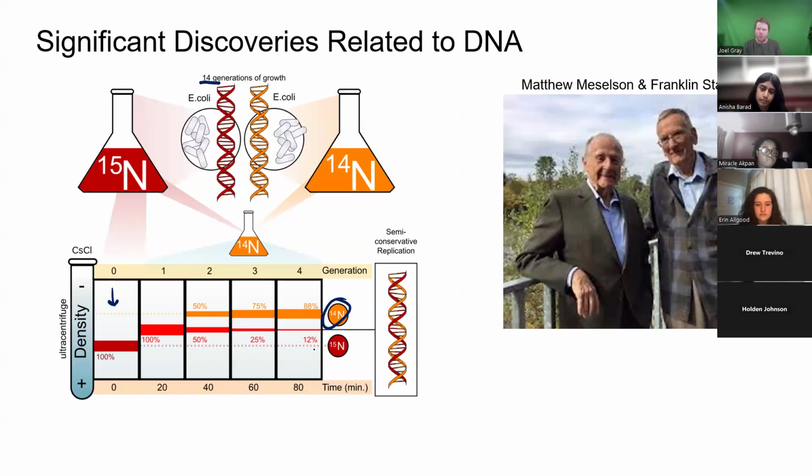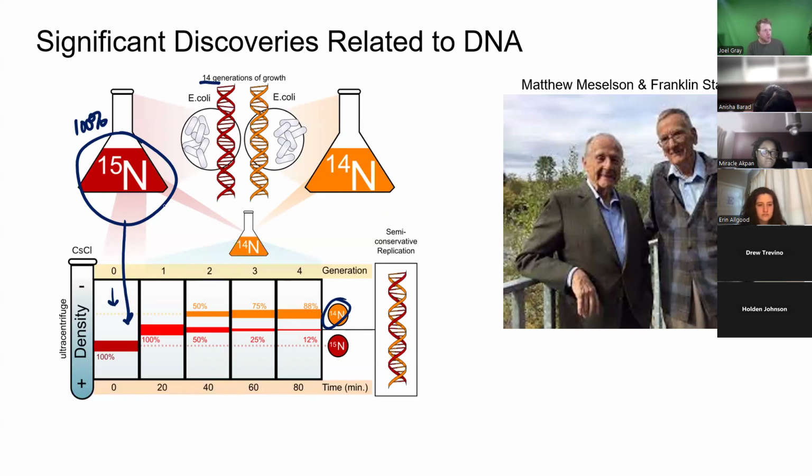And that might seem a little bit odd. Well, let's think about it. The only generation that had only the 15 isotope was the very first one. So 100% of the DNA had this 15N.